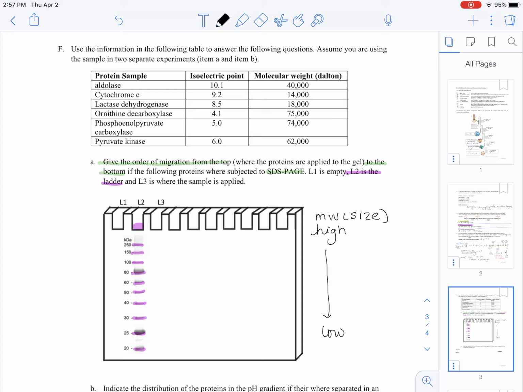Now, if I give these proteins in the sample a letter, let's say that I put a letter next to aldolase, so I'm just going to label this as A, B, C, D, E, and F, then that is just a different way that I can label it on the gel. Understand that for the exam, I may not give you the ladder. You need to understand how things run in an SDS-PAGE.